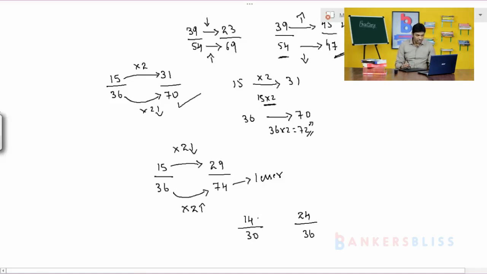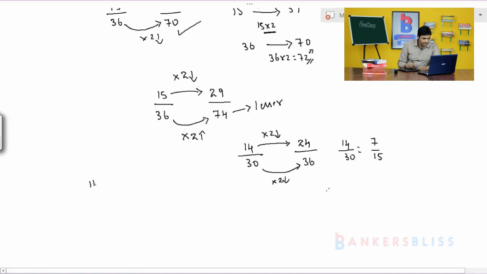But if you see here, 14 2s are 28, means less than twice, 30 2s are 60, this is also less than twice. Then how to simplify? So, very simple, you reduce the given fractions. So, the given fractions are 14/30. If you reduce this one, how much you are going to get? 7/15.